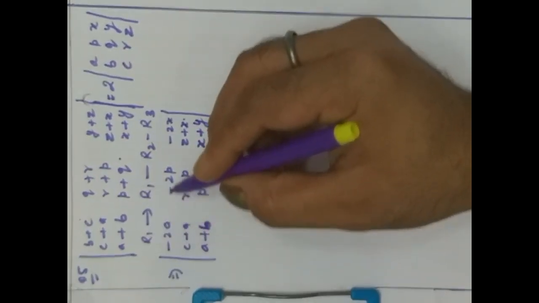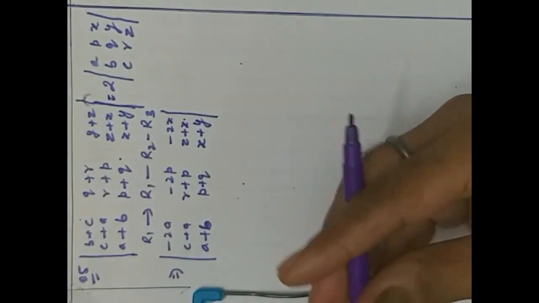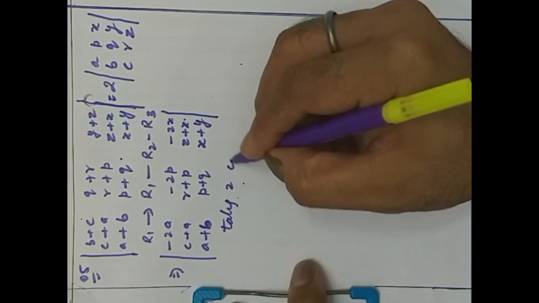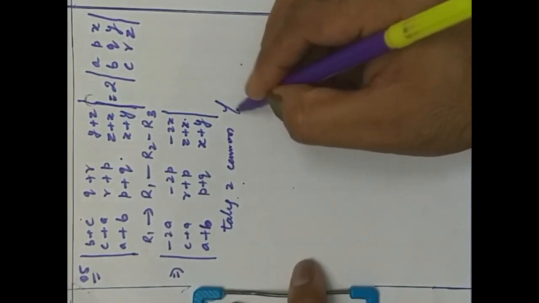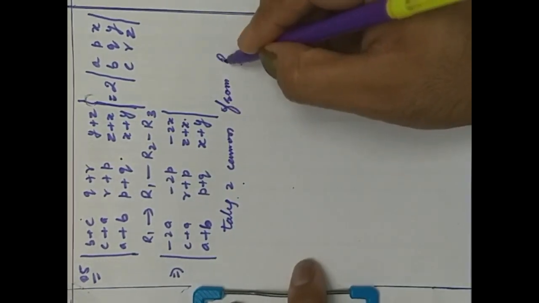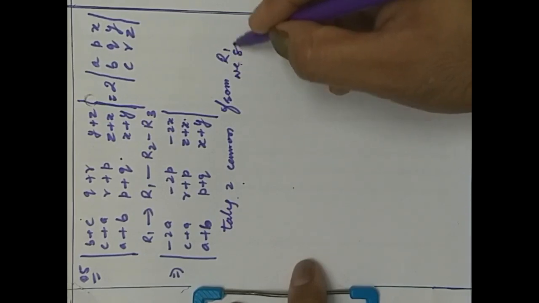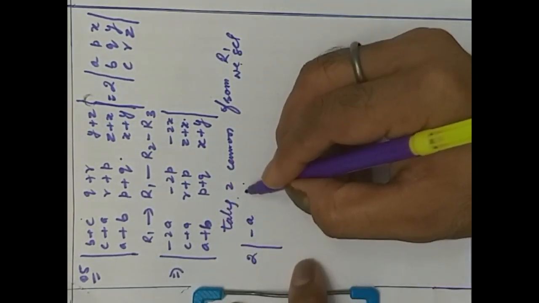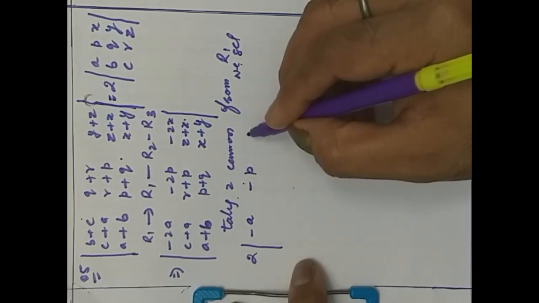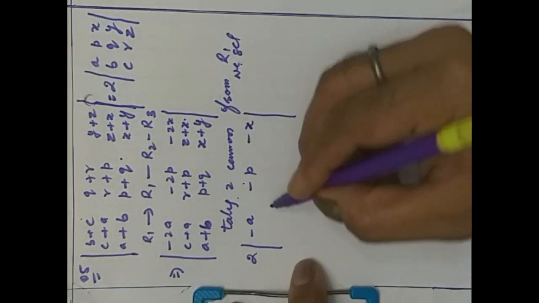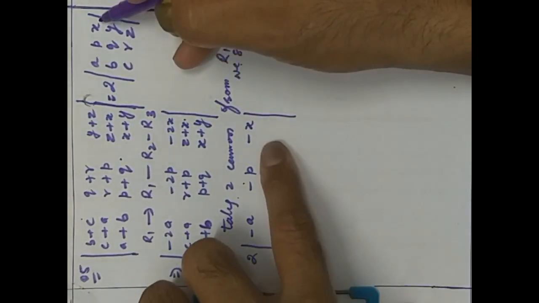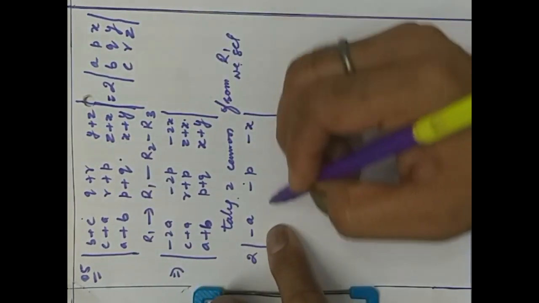Now look here, 2 is common everywhere, so we take 2 common from R1. We get 2 outside, and minus A, minus P, and minus X. Compare with the right hand side, A plus P plus X, no problem, that can be sorted out later.